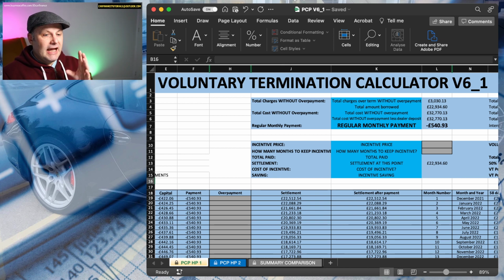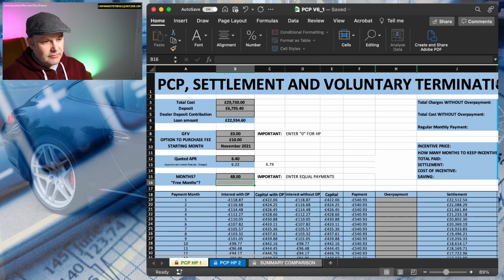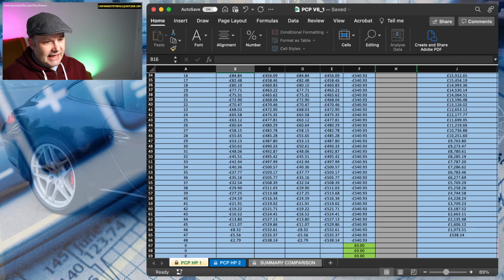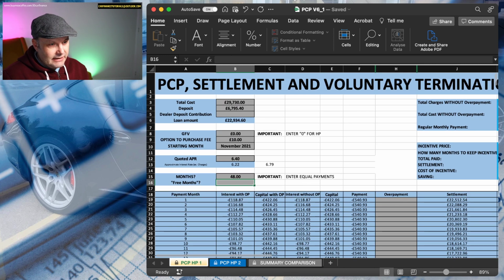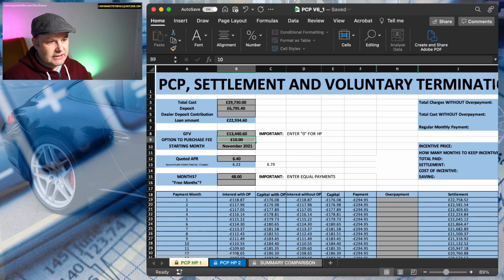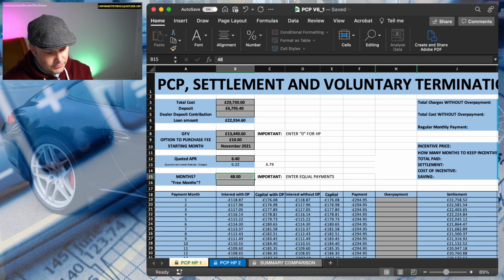However, if we look at our amortization table, look, at the end of month 48, we owe nothing. With the PCP, if we change that back to what it was, 13,440.60, obviously the monthly payment's a lot less. Let's change that back to 47 equal payments.